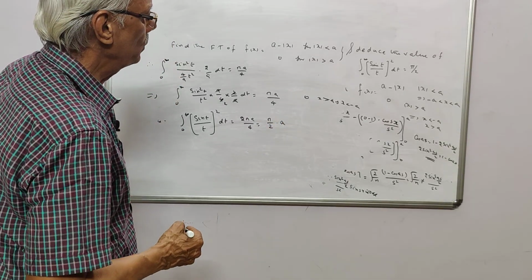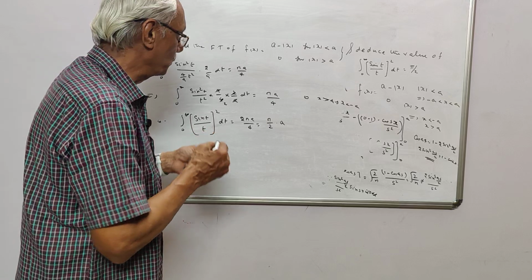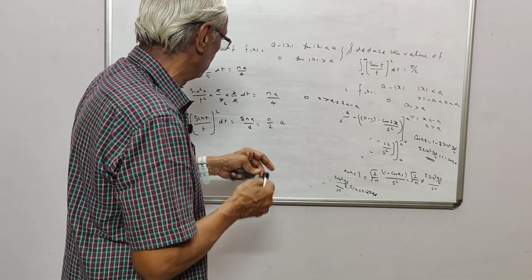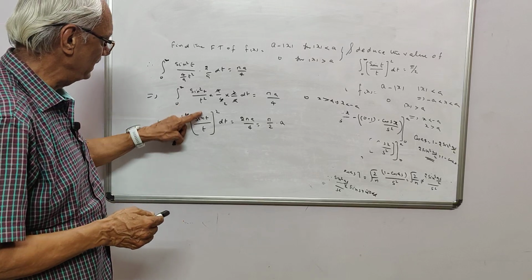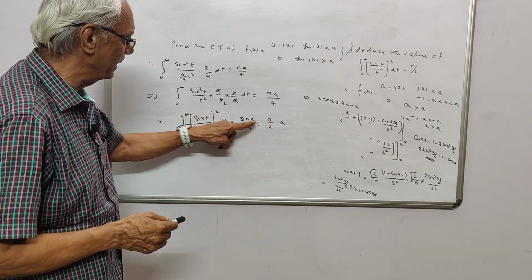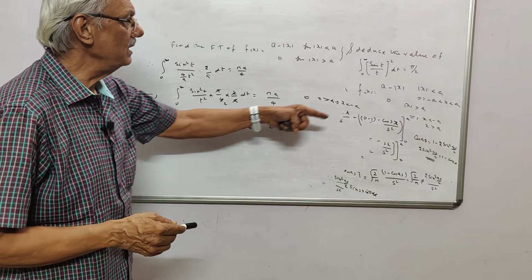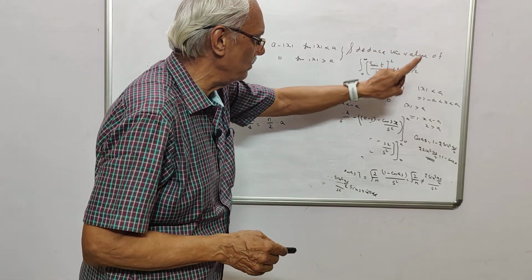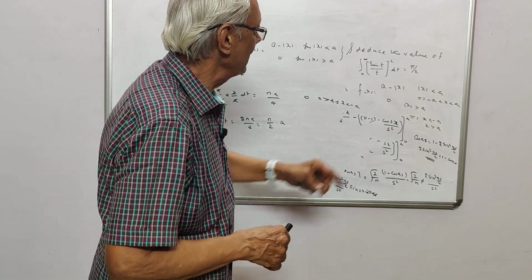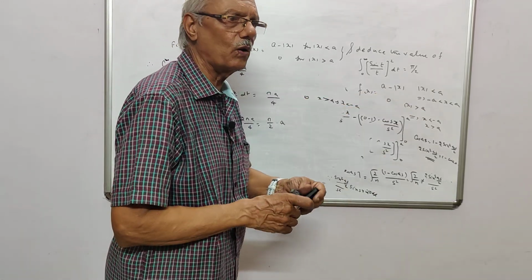Now actually you have to prove that this is equal to pi by 2. We have got the result here, that is the integral from 0 to infinity of sin t by t whole square dt is equal to pi by 2 into a, but a is taken to be 1, because after all this a is an arbitrary point.